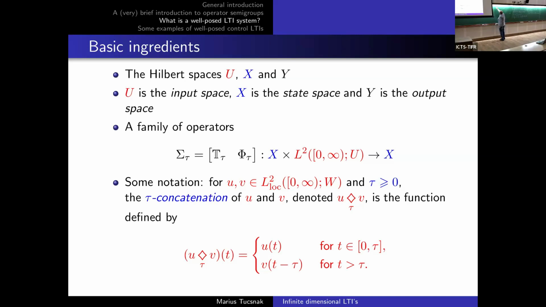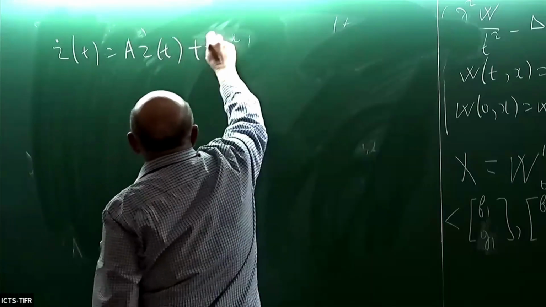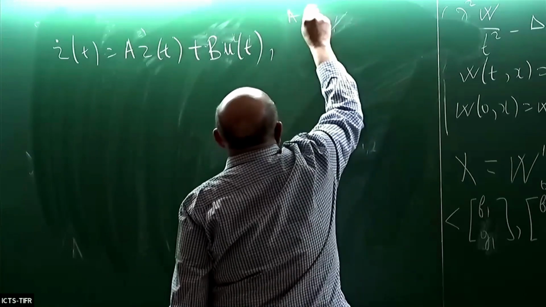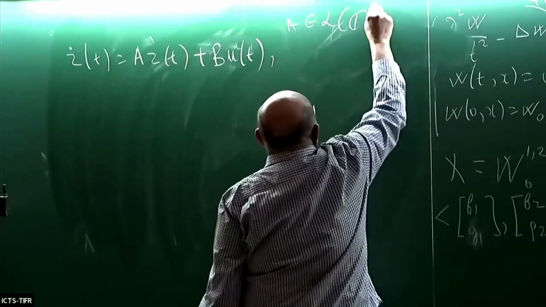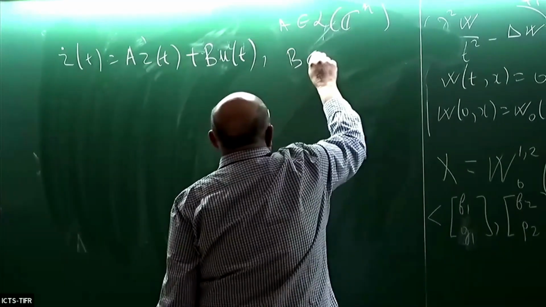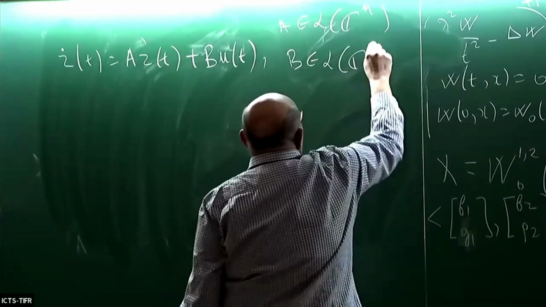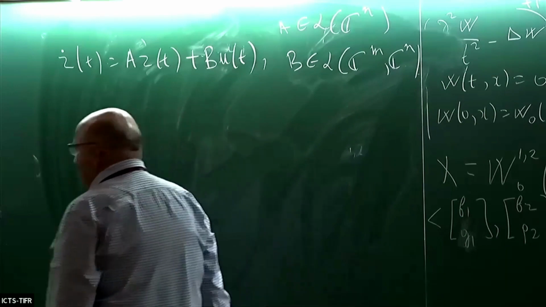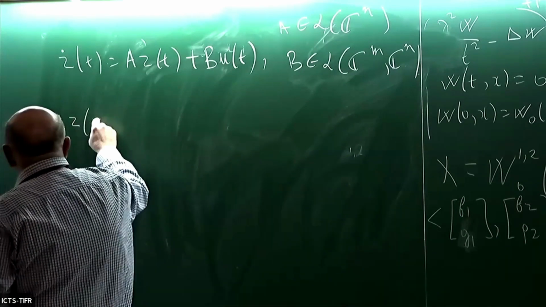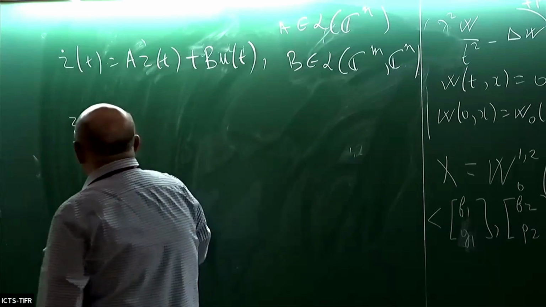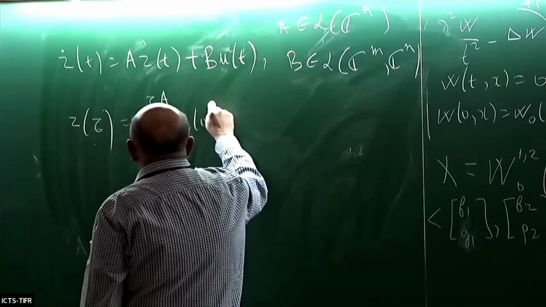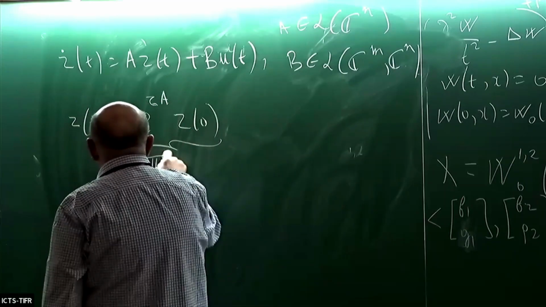Z dot of t is equal to A Z of t plus B U of t, with A an operator from Cn to Cn, and B an operator from Cm to Cn. Then we know by the variation of constants or Duhamel formula that Z of tau is equal to exponential of tau A Z of 0, which I will call my semigroup.